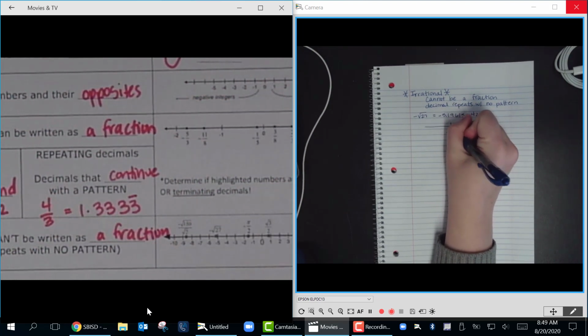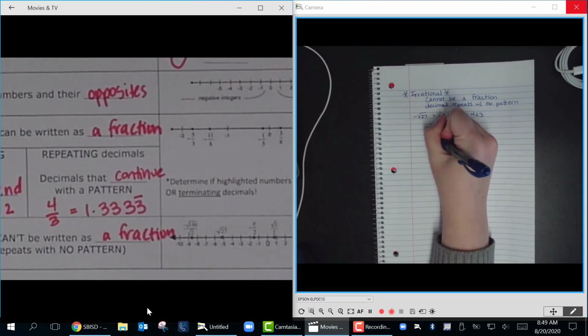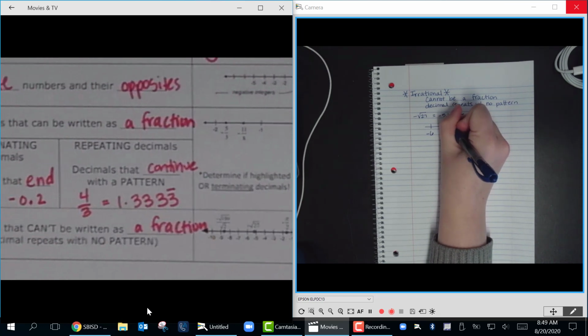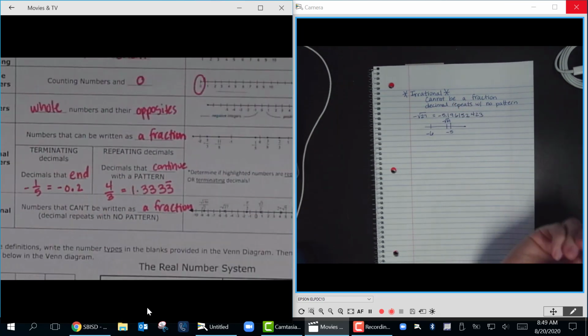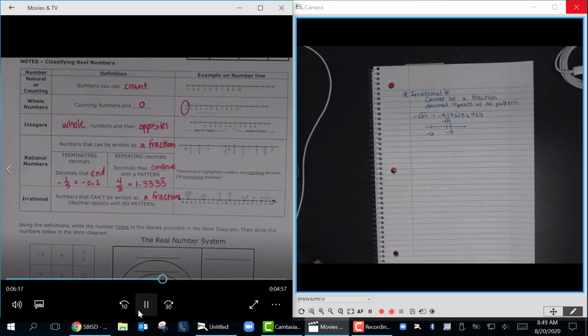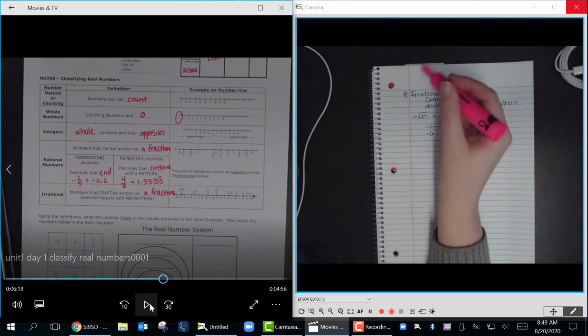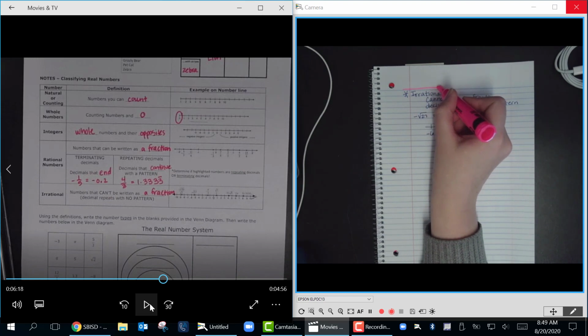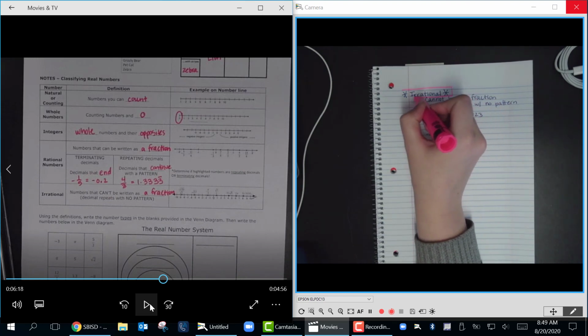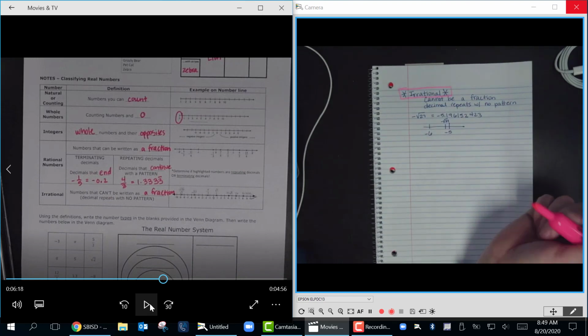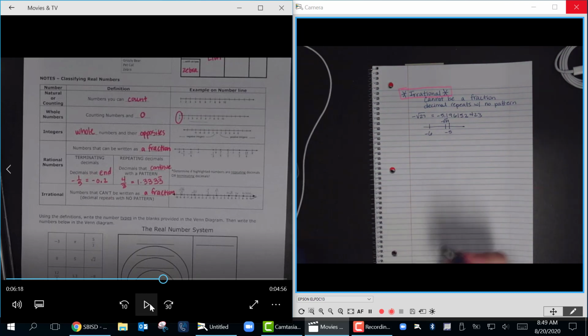So we're looking at these on a number line, but we can also look at these in a Venn diagram. Before we go on to the Venn diagram, I put stars around irrational because as I was taking notes I heard this is the new part for 8th grade. Everything before was from 6th grade and we're adding in irrational numbers for 8th grade.